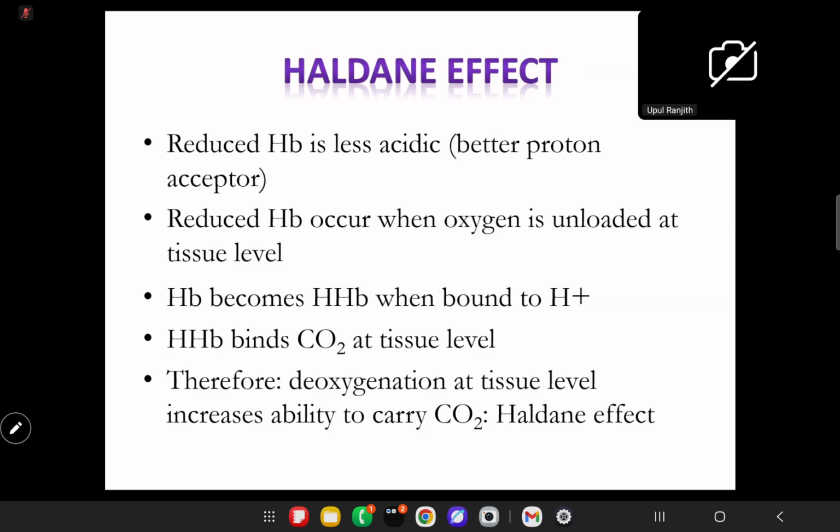Then hemoglobin becomes HHb when bound to hydrogen ion. So that HHb binds carbon dioxide at tissue level, and therefore deoxygenation at tissue level increases the ability to carry carbon dioxide. So that is called the Haldane effect.